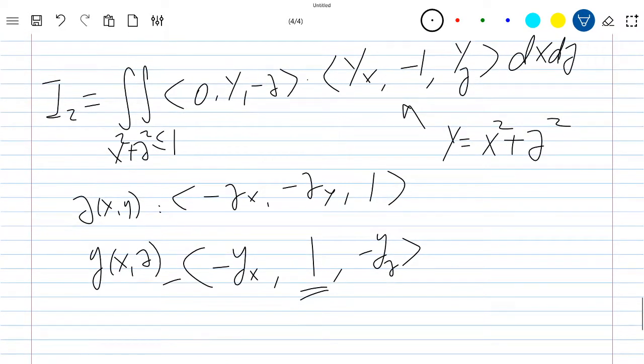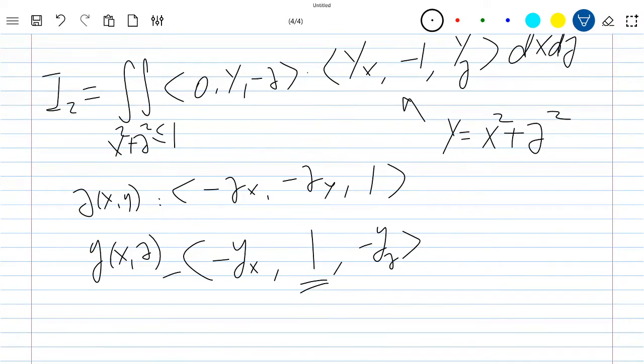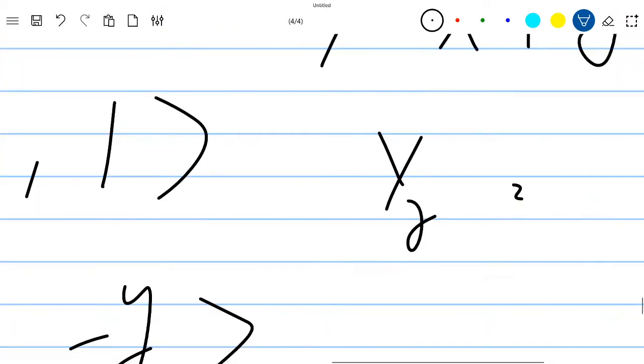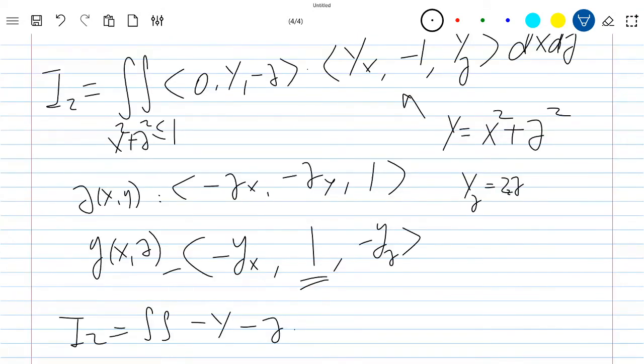Alright, and be careful, I'm going to calculate here. So I2 equals the integral, the dot product will give you negative y minus z times yz. And what is yz? yz equals 2z. Right, take a derivative. So times 2z, and then dx dz.